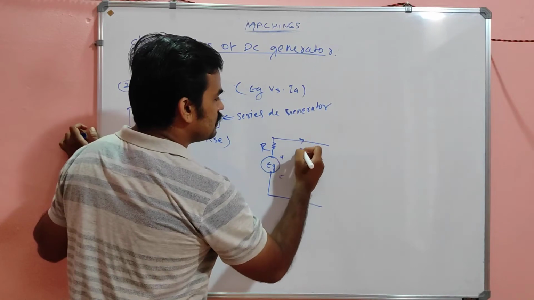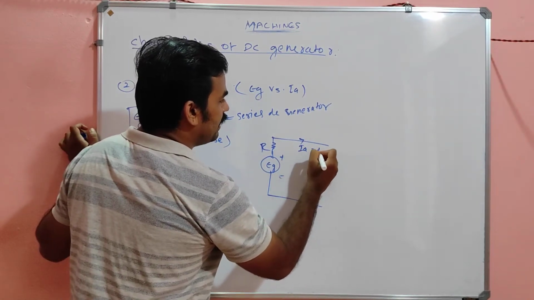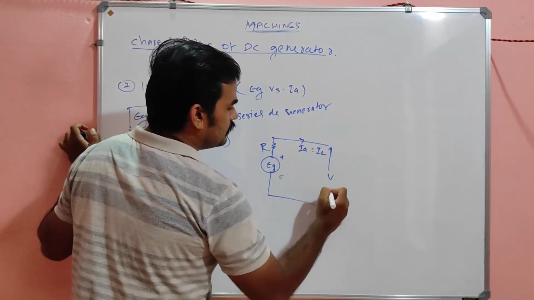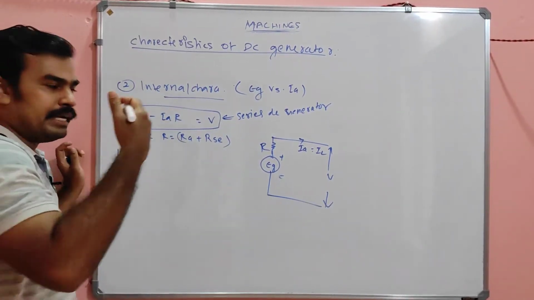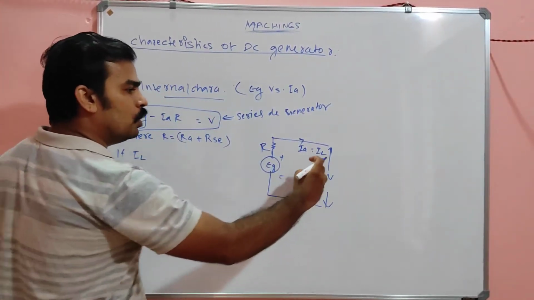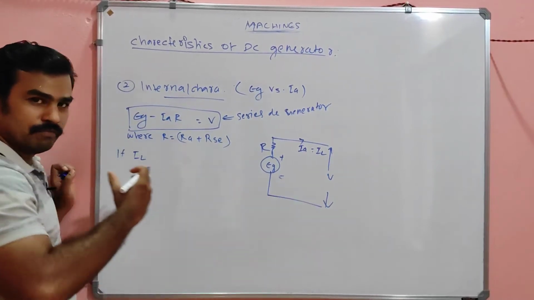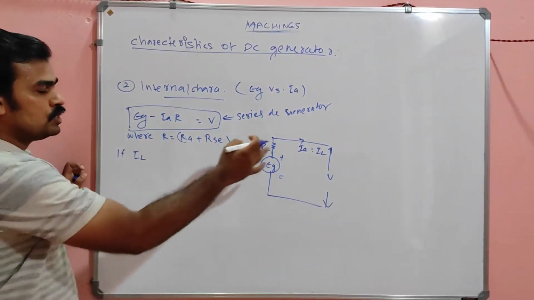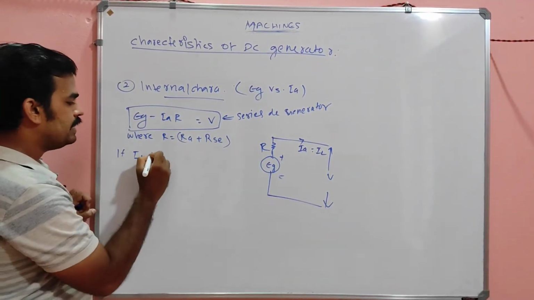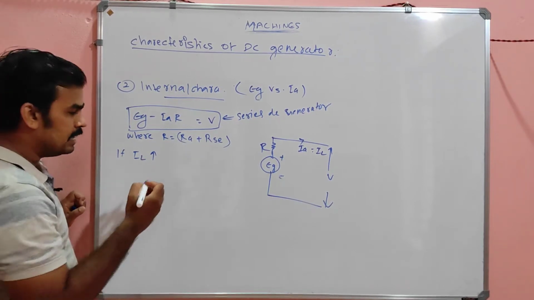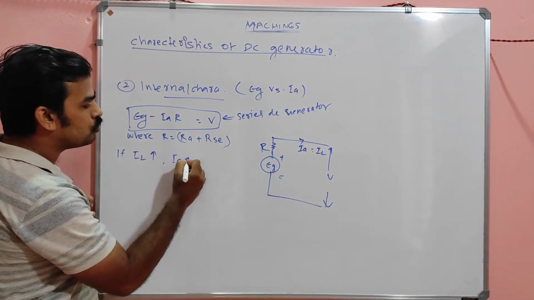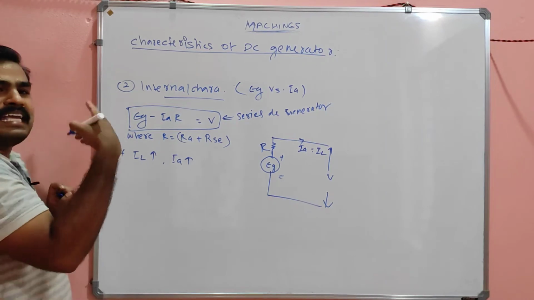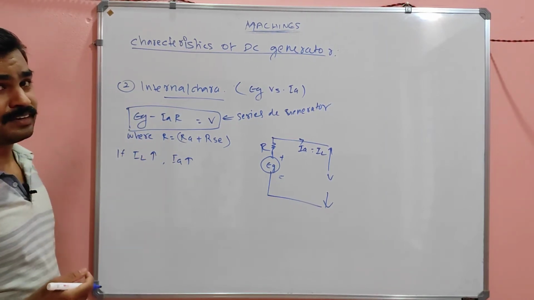Here Ia is equal to IL, and this is the terminal voltage. If you increase the load, the load will absorb more current. So if IL increases, Ia also increases.